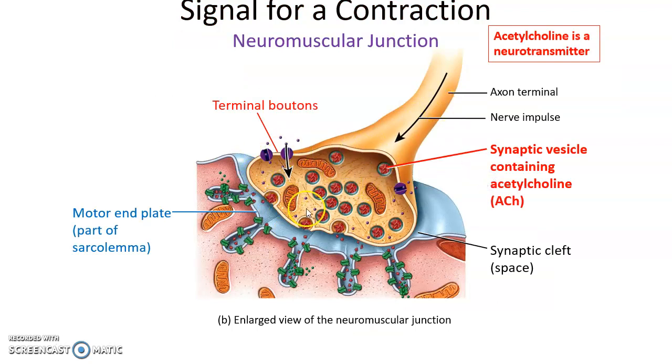At the connection, the axon of the neuron widens out and is called a terminal bouton. The terminal boutons are filled with synaptic vesicles that have the chemical acetylcholine in them. Acetylcholine is a neurotransmitter. And the terminal bouton is then next to a certain region of the muscle fiber called the motor end plate. And then there's a slight space between the two structures called the synaptic cleft.